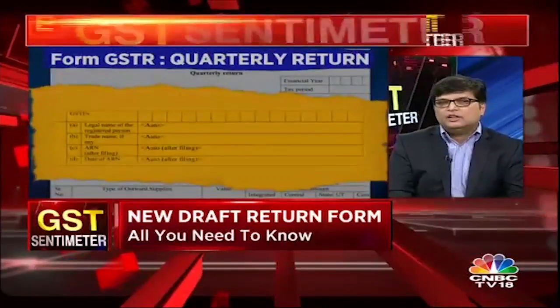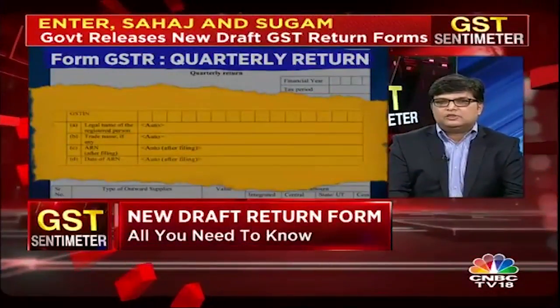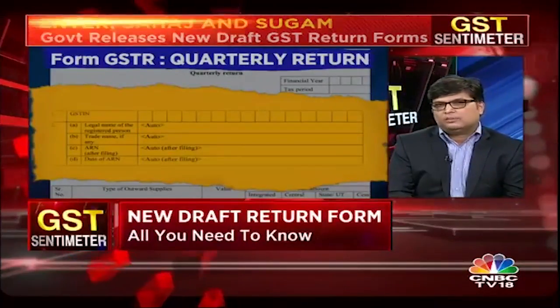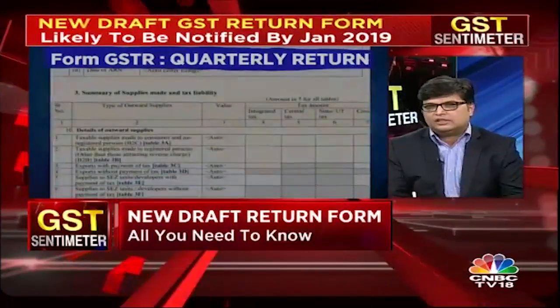I fear that factually there is a little bit of a difference. A person who is small and is filing a quarterly return will not need to file annexures on a monthly basis. All he needs to do is upload his invoices on a monthly basis, because the entire design is based on the concept of continuous upload and visibility. It brings transparency to the system.